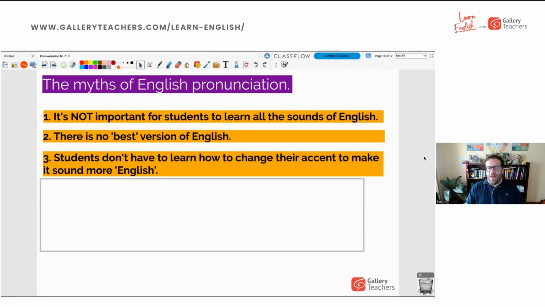I remember years ago, I asked a class of C2 learners. Some people want to change their accent, and if they really want to, that's their choice. But I remember a class of C2 students, so really high-level students, and I asked them to write about their strengths and weaknesses in their English.